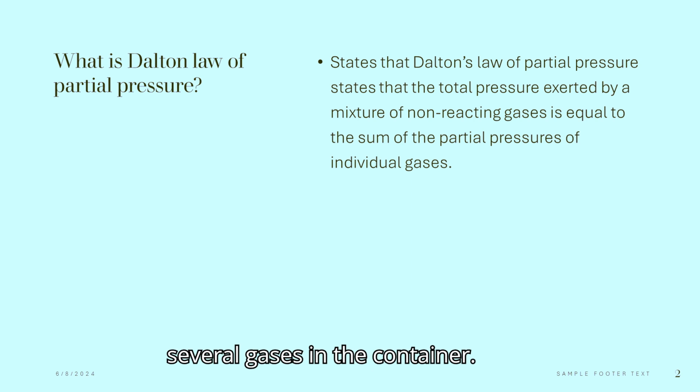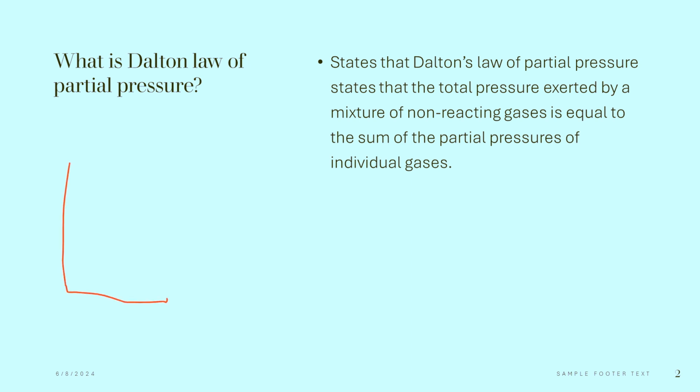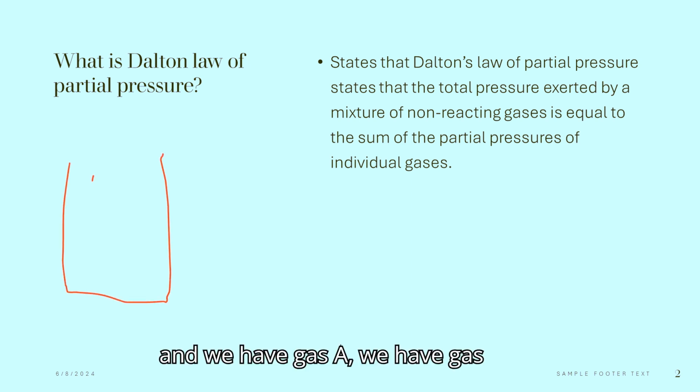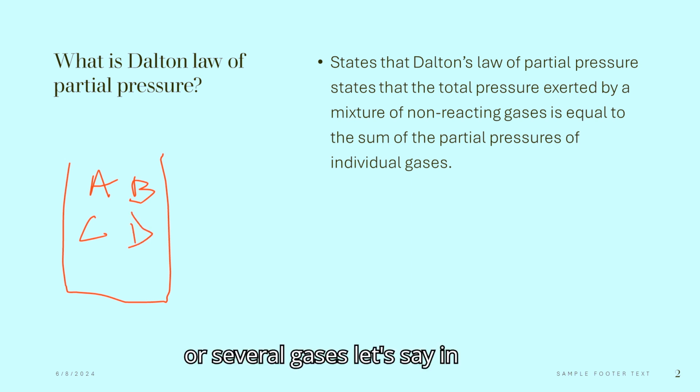If you have several gases in a container, so let's say this is our container here, and we have gas A, gas B, gas C, gas D, or several gases. Let's say N continuous.